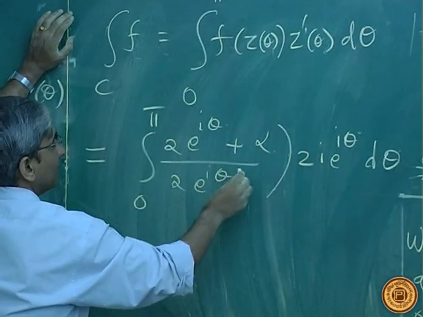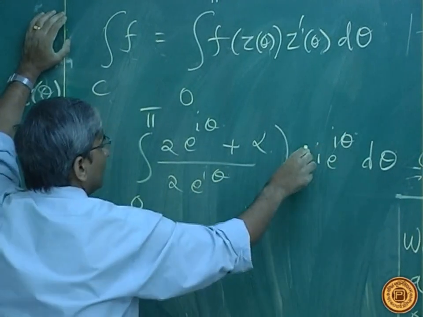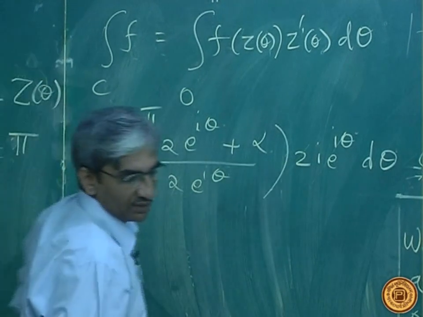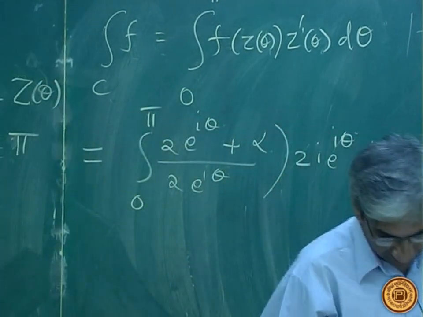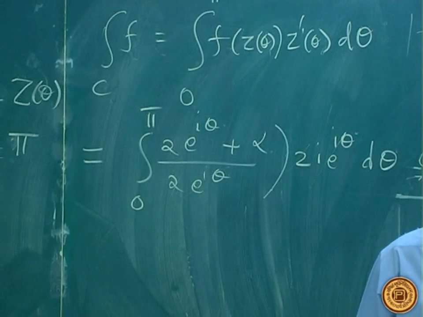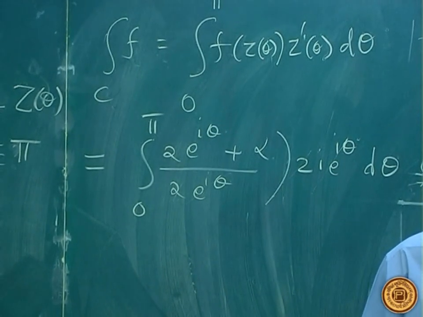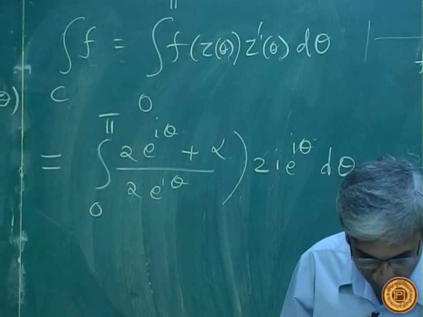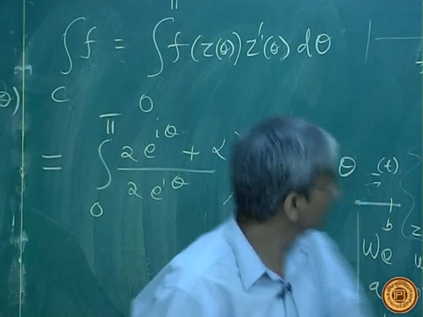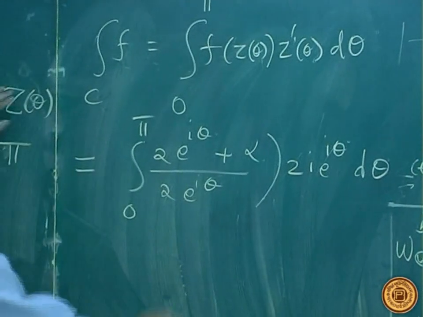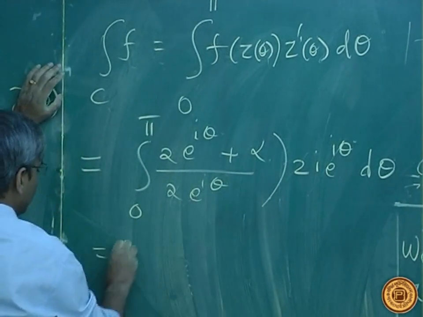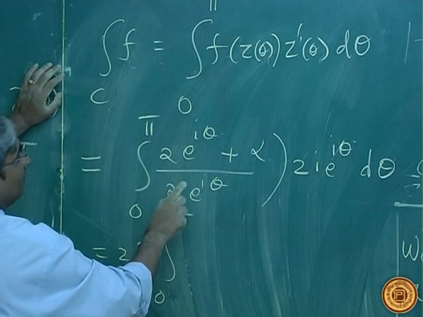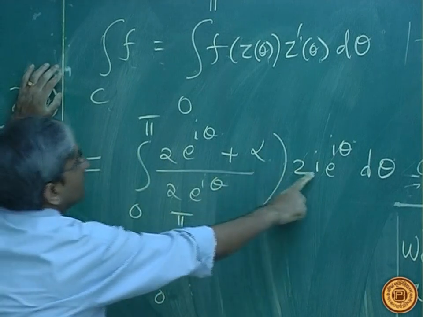So e raised to i theta will get cancelled, 2 will get cancelled. So it is i times this: 2i e raised to i theta plus 2. So you can just take this 2i outside. This 2 and this i is outside.